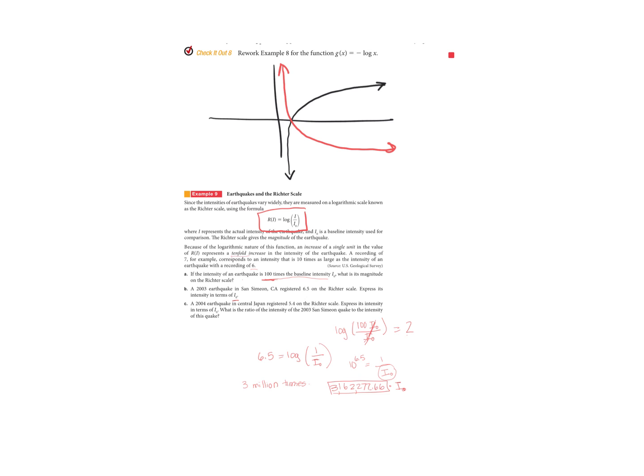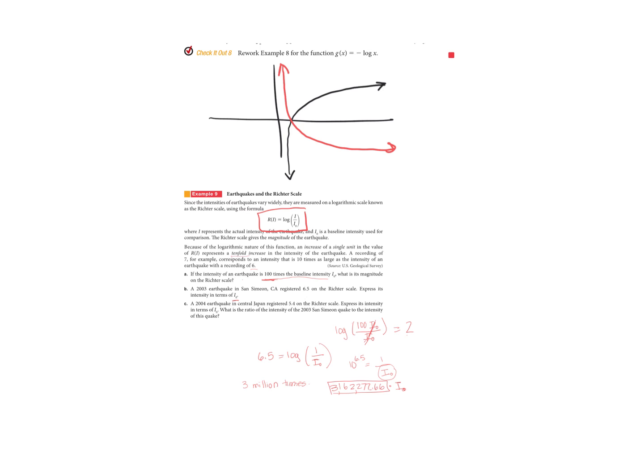Okay. The 2004 earthquake in central Japan was a 5.4 on the Richter scale. Express its intensity in terms of the initial intensity as well. So let's take a look at that. And then they ask us to compare these two as well.